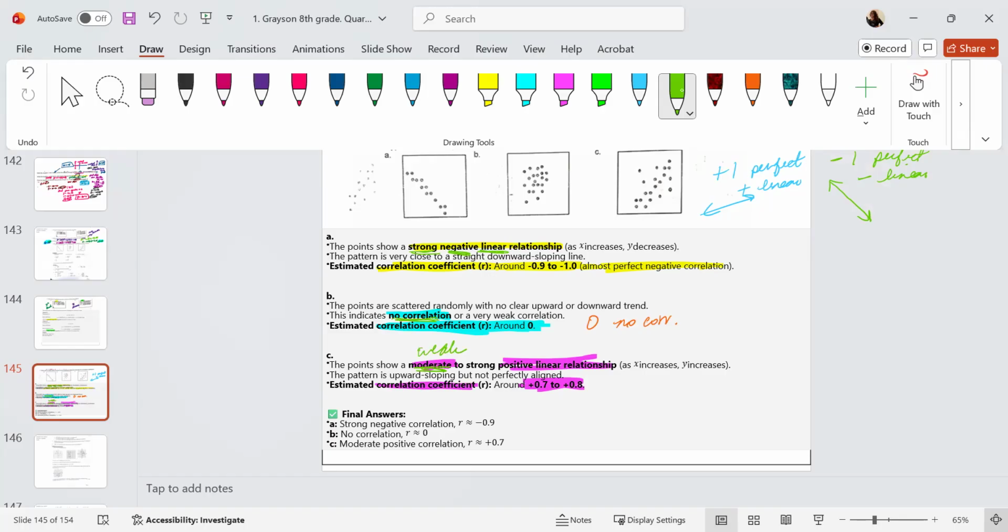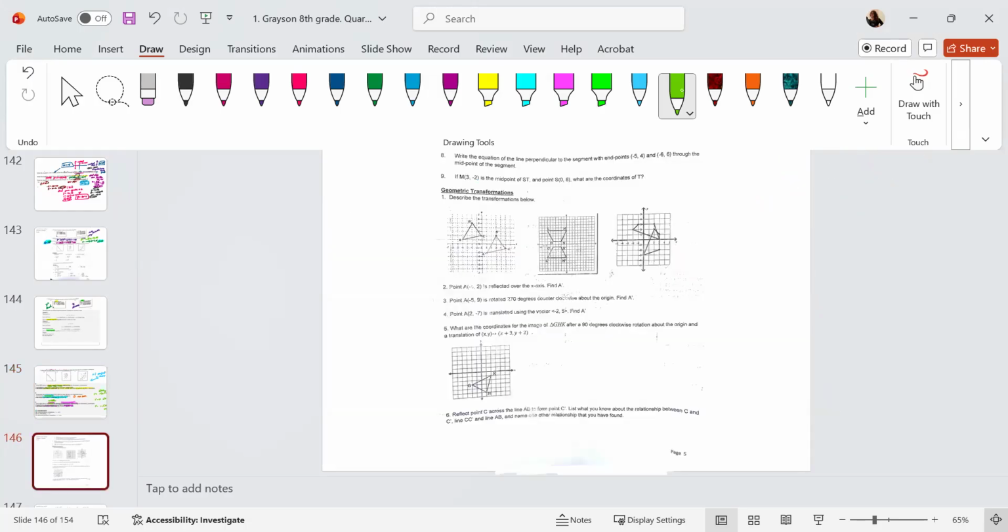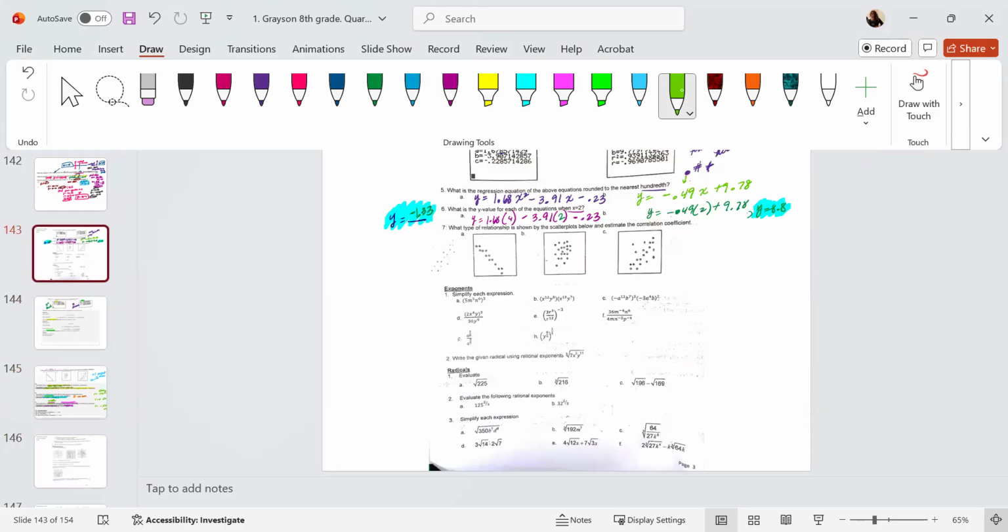And then remember, if the coefficient is +1 or -1, it is strong, right? And if R is 0, it's no correlation. If R is like -0.5 or 0.2, it's weak or moderate. Those are the verbiage. Do you understand? Okay. All right. What is the next question that we have?